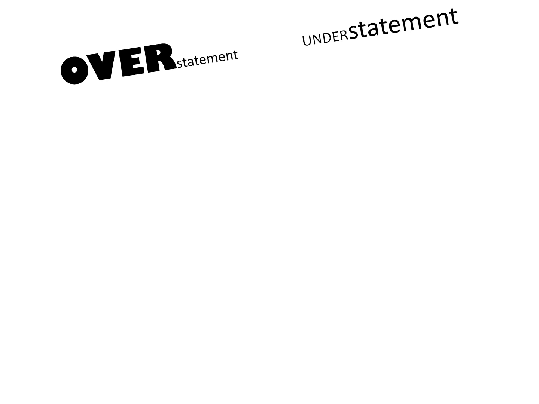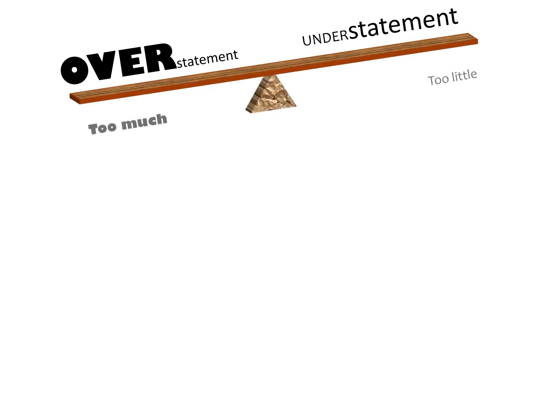Just one little thing I want to mention is the concept of over and understatement. Overstatement, you always look at it from your financial statement point of view. So the amount that's included in your financial statements, is that amount overstated or is it understated? Hopefully your gut feeling will tell you overstatement means it is too much.